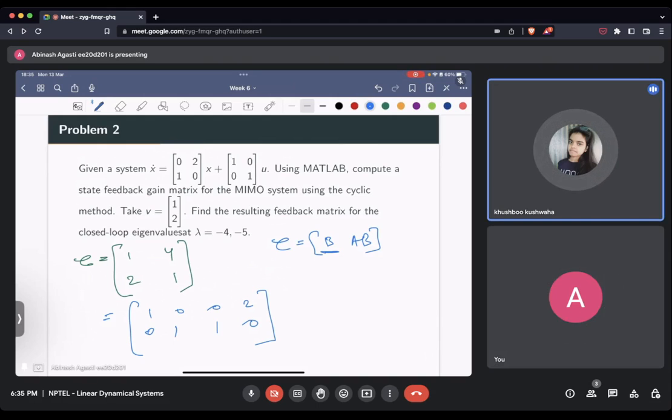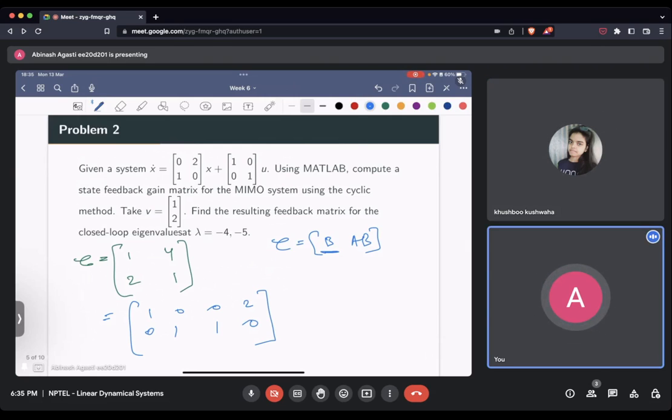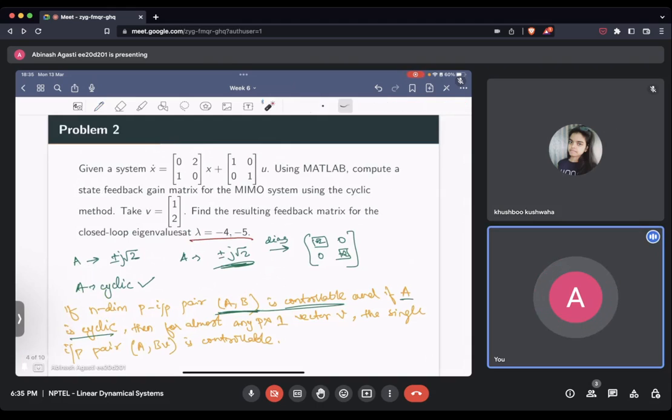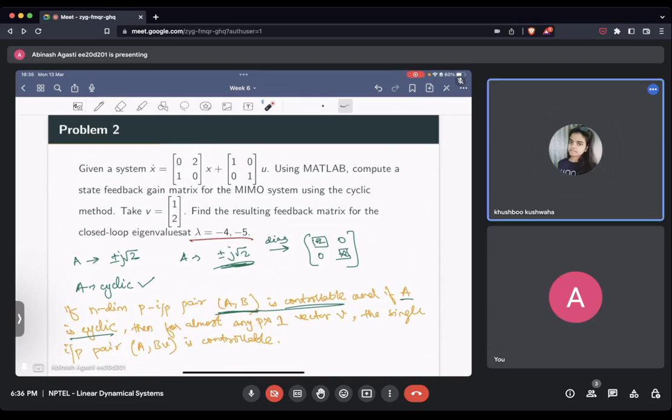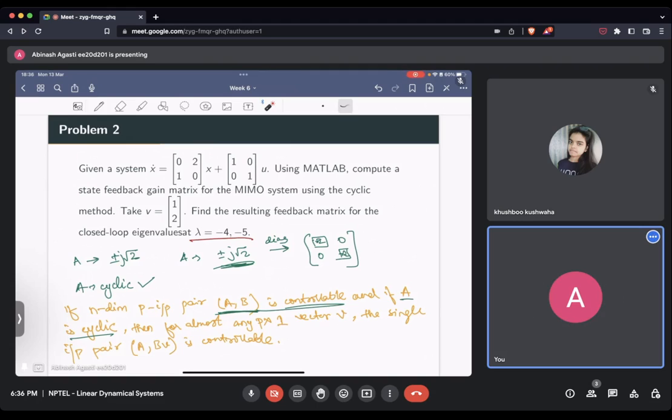Sir, but the new matrix B is BV now. No, but see, first we have to check that this A, B itself is controllable or not. Because if this is controllable, only then can we guarantee that for almost any vector V, this pair is controllable.